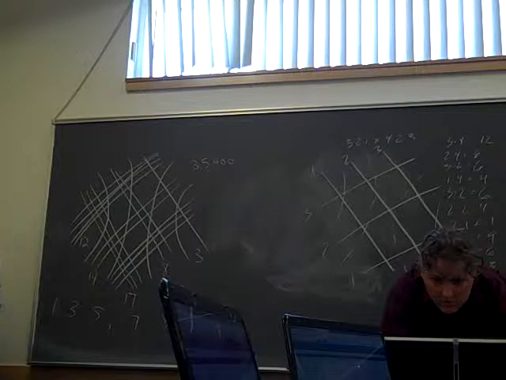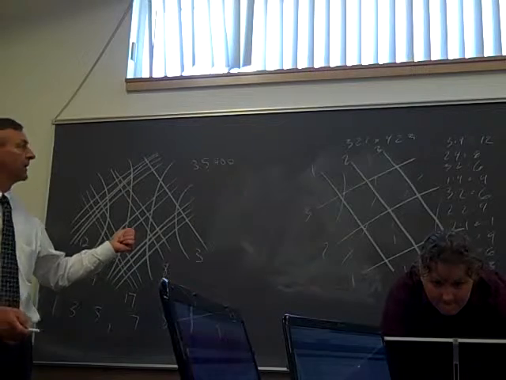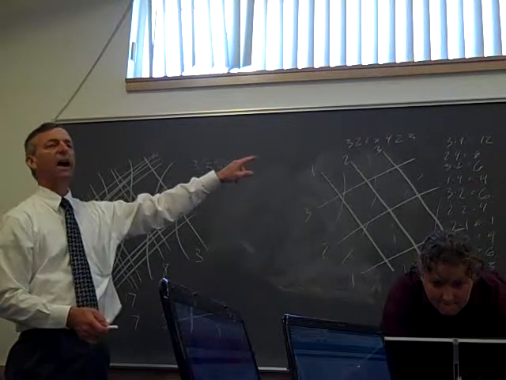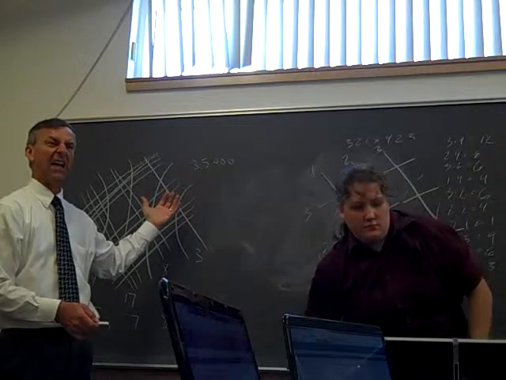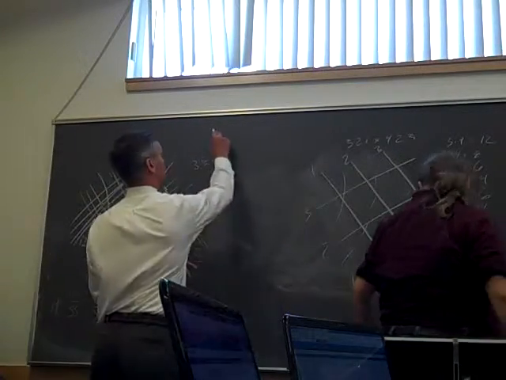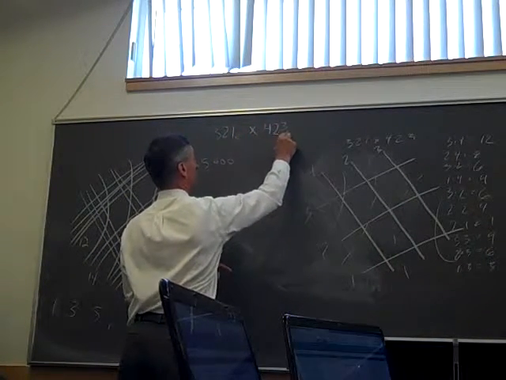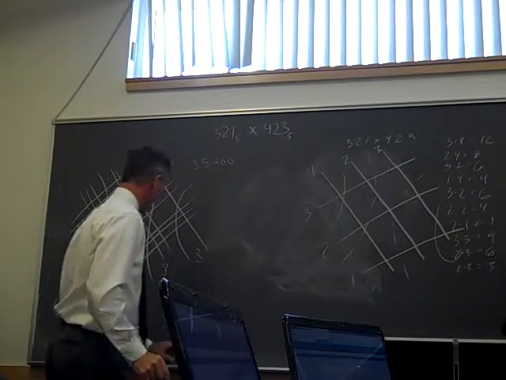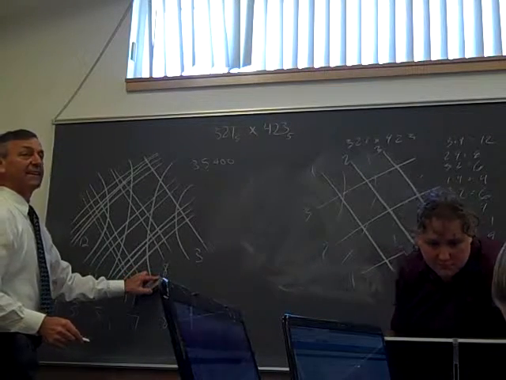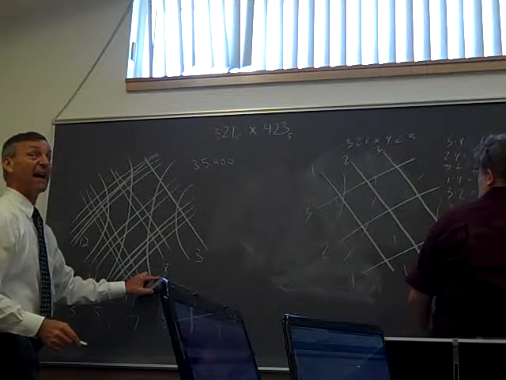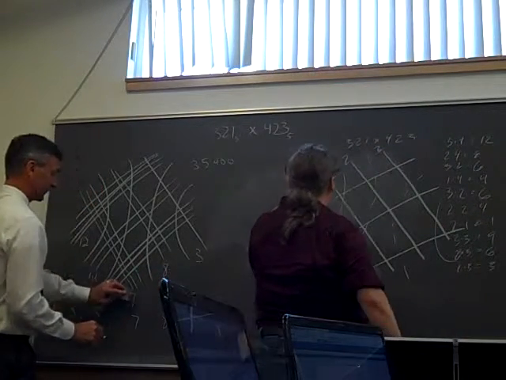Any other questions? Can you do other bases with Chinese? Yes, absolutely. Since all of my numbers are under 5, we could do this with base 5. If I quickly change this to 3, 2, 1 base 5 times 4, 2, 3 base 5, we're going to get a 3, but this 8 is going to be one group of 5 with 3 left over, right?